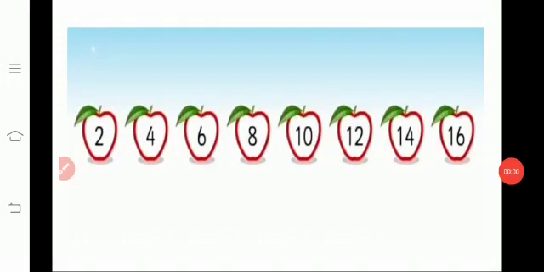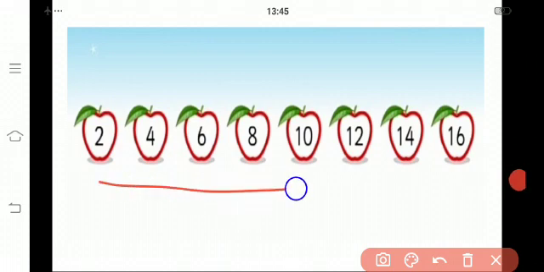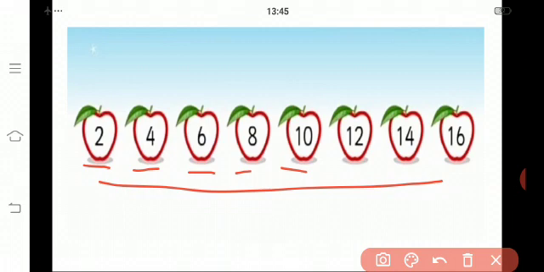Did you know, children, we find patterns in numbers also? Let's see how. Look at the pattern carefully. What can you observe? 2, 4, 6, 8, 10, 12, 14, 16.